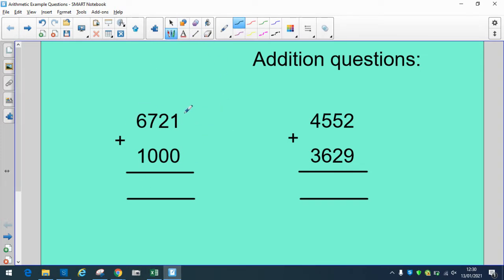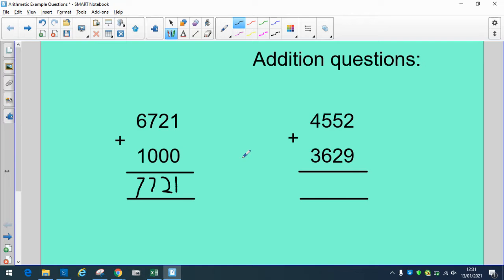Okay, and we'd always start with the ones column before moving on across to the left. Okay, so obviously 1 and 0 would be 1, 2 and 0 would be 2, 7 and 0 would be 7, 6 and 1 would be 7. Okay, fairly straightforward.